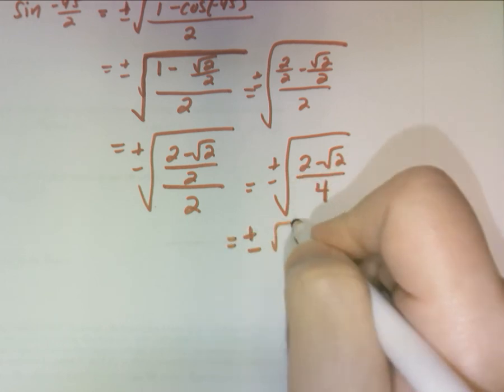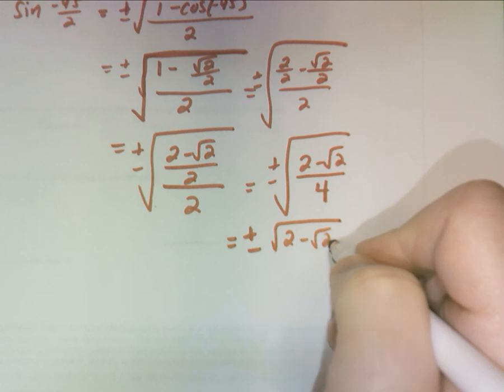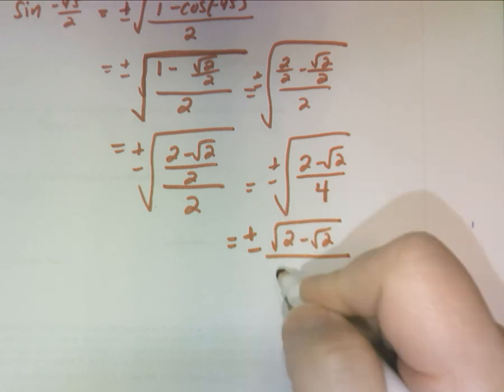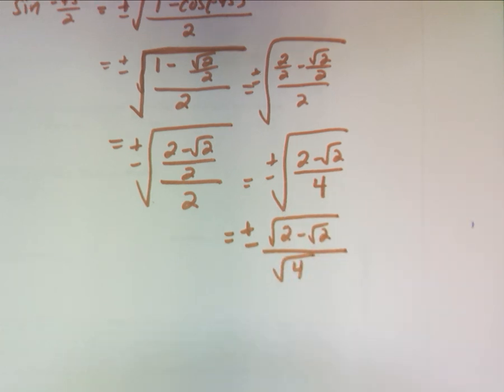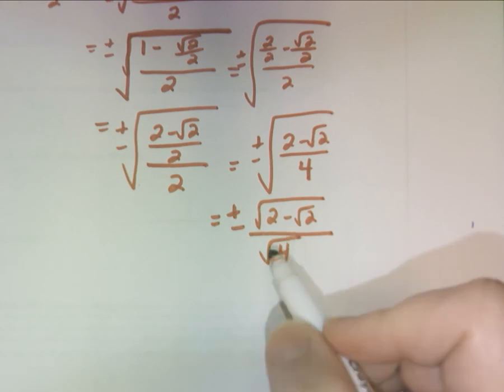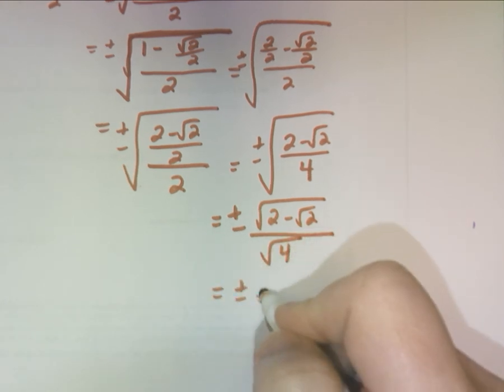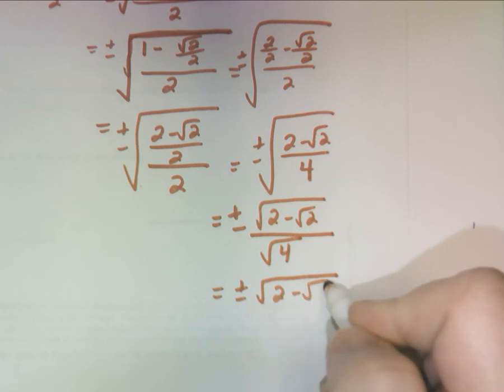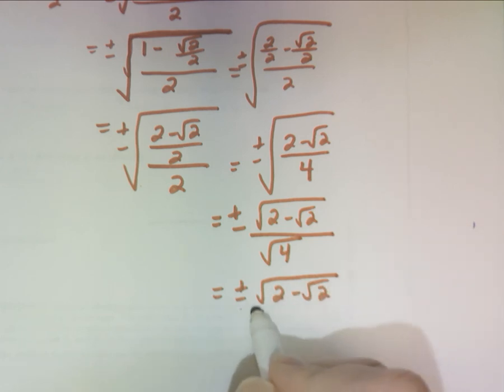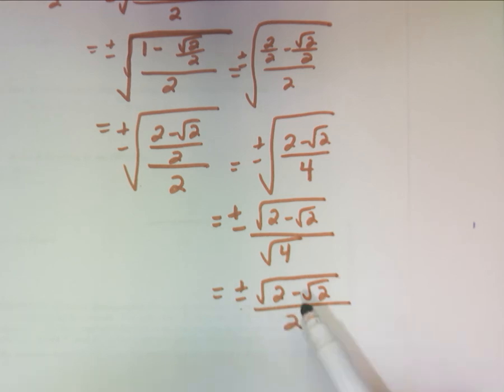You're going to go square root of 2 minus root 2 on the top divided by the square root of 4 on the bottom. And the square root of 4 is 2. So the whole top has a square root, but the bottom just has a 2. That looks so crazy, but that is considered exact form. The square root of 2 minus the square root of 2, all over 2. That is the sine of negative pi over 8.